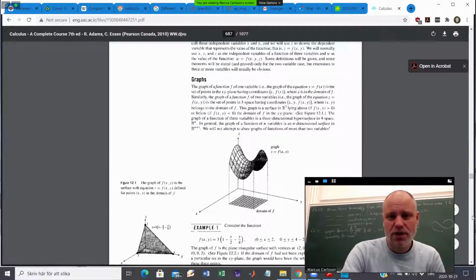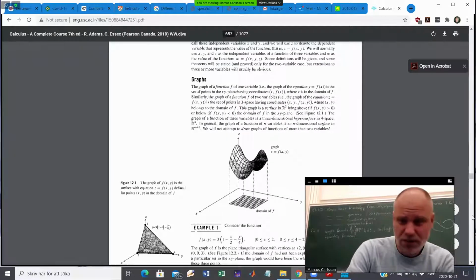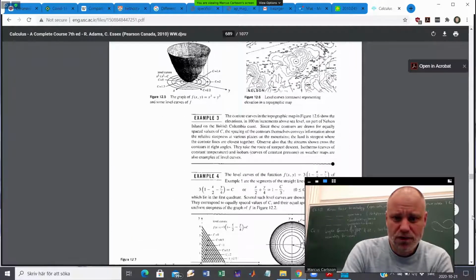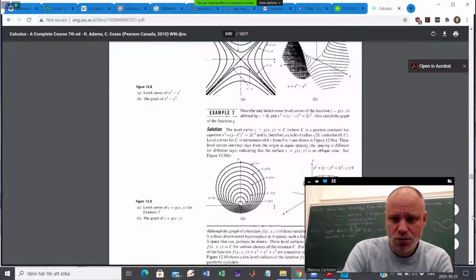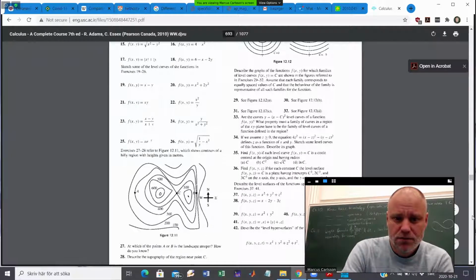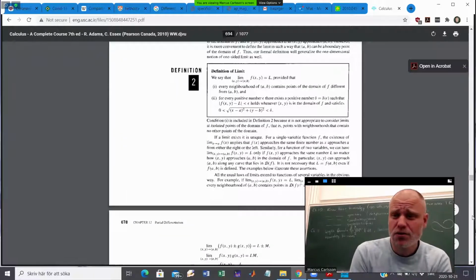All right, so here we get going with graphs and partial differentiation. So level curves, graphs, okay, this is warm up. You should know what this is. Limits and continuity. So here comes the definition of limit for several variables.